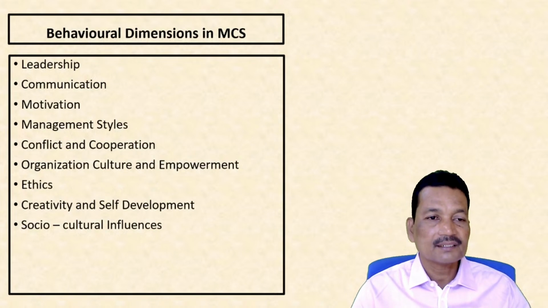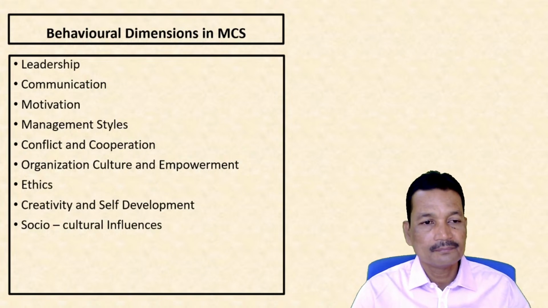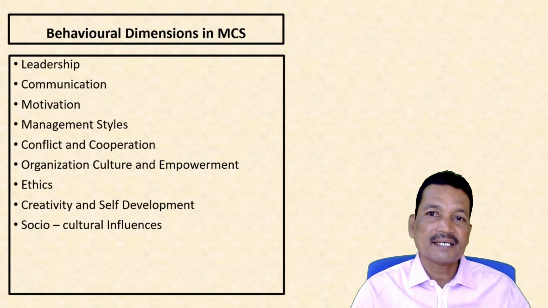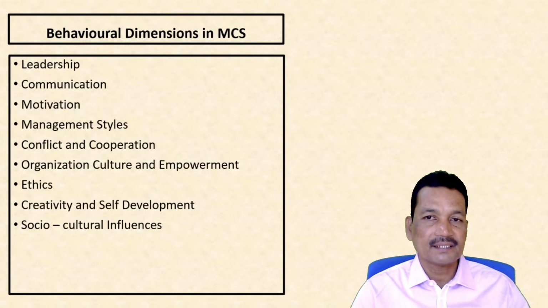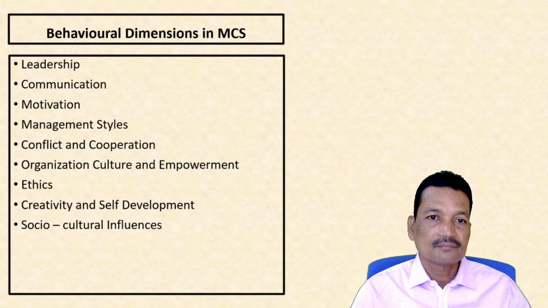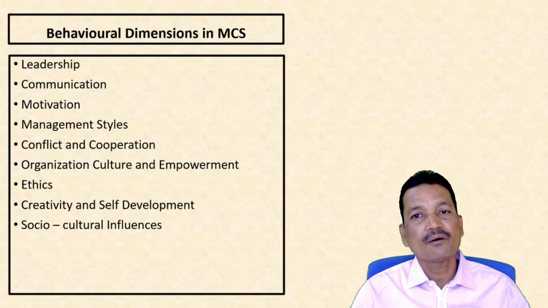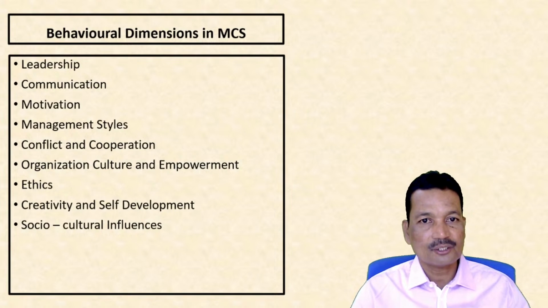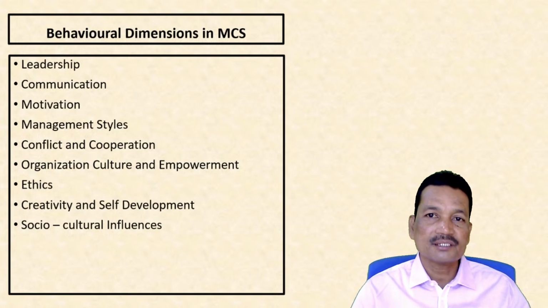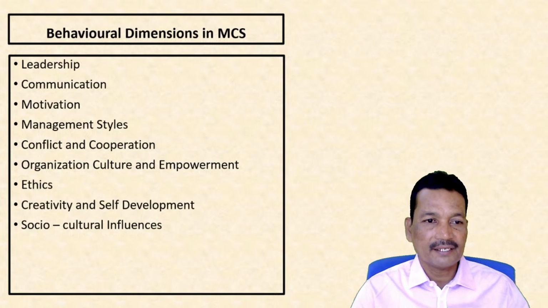Mostly we can say that where machines are there, there is no question of motivation, but employees have to be motivated. Then management styles. Not every management is the same. So management of different organizations differ from each other. So accordingly, the control system may also vary.